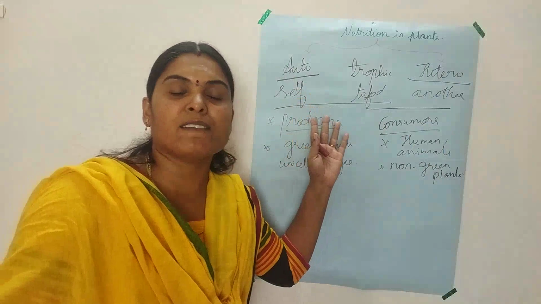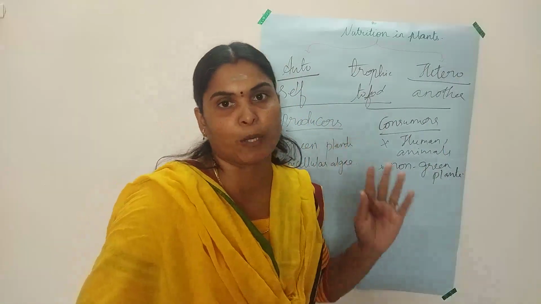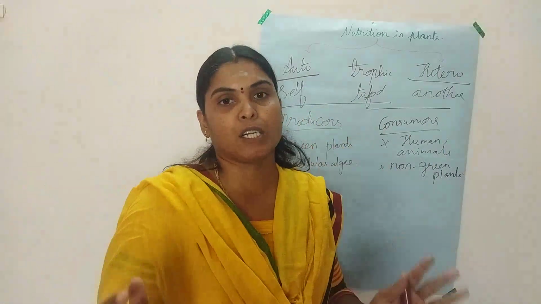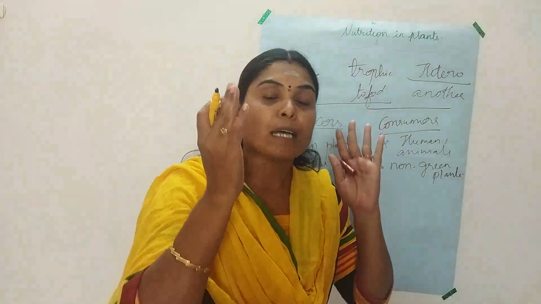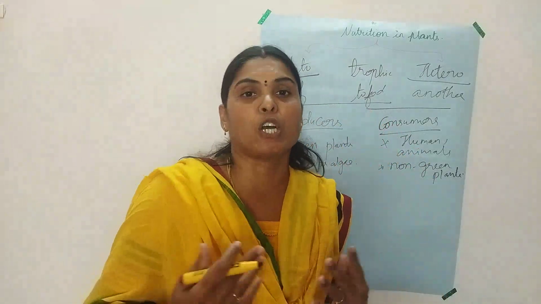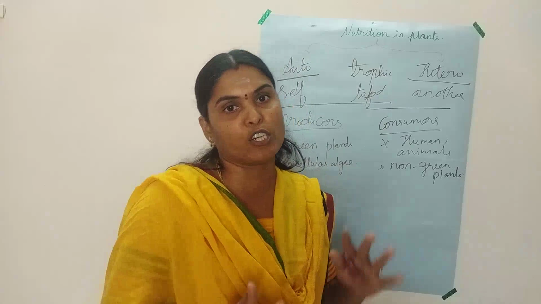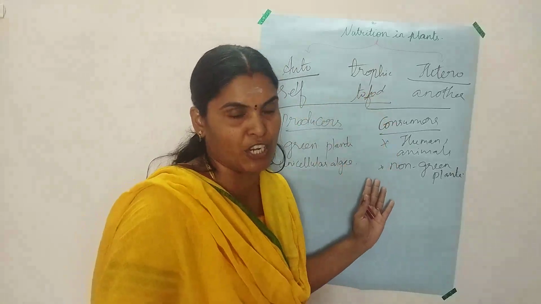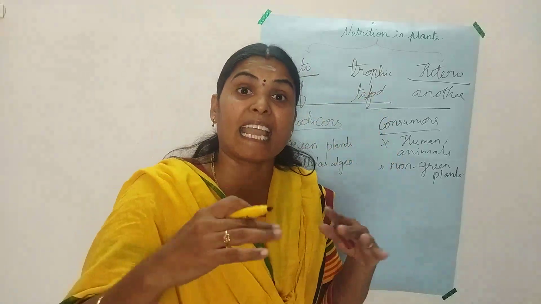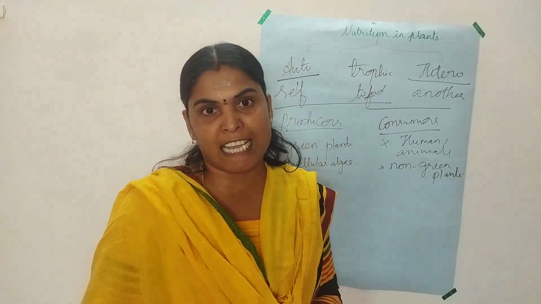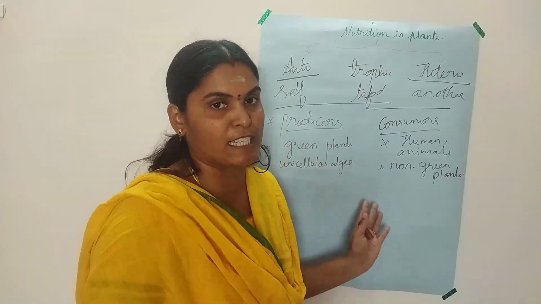Okay, now we will see a detailed explanation about the autotrophic mode of nutrition. What is the autotrophic mode of nutrition? The process by which a living organism can prepare its own food is called the autotrophic mode of nutrition. The organisms that exhibit this property are called autotrophs or producers.